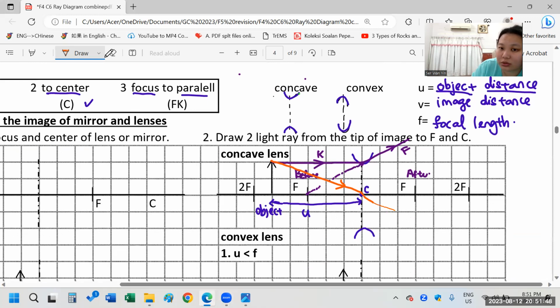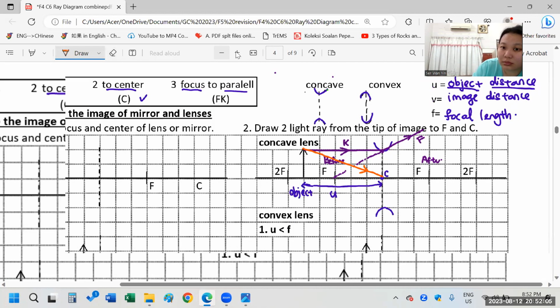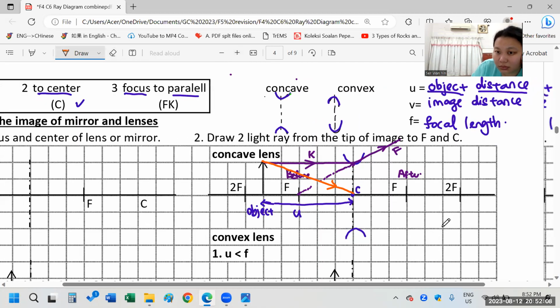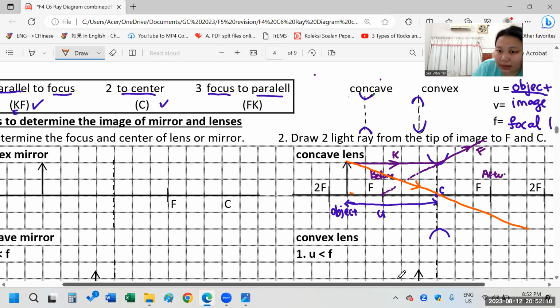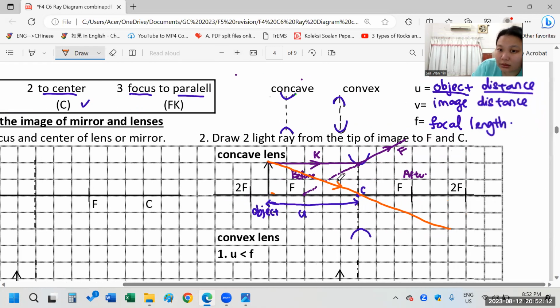Just goes straight down. Use a ruler, yeah. And don't forget to add your arrow. K, F, and C. There are two lines.